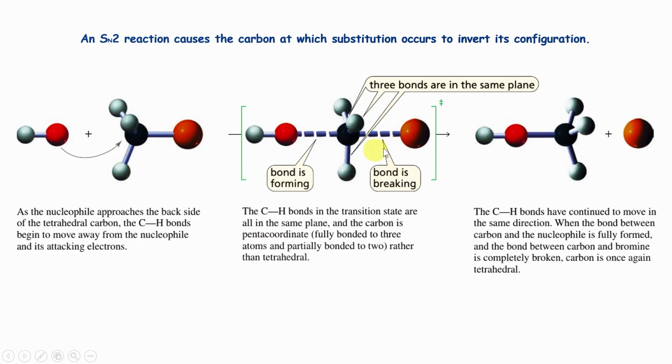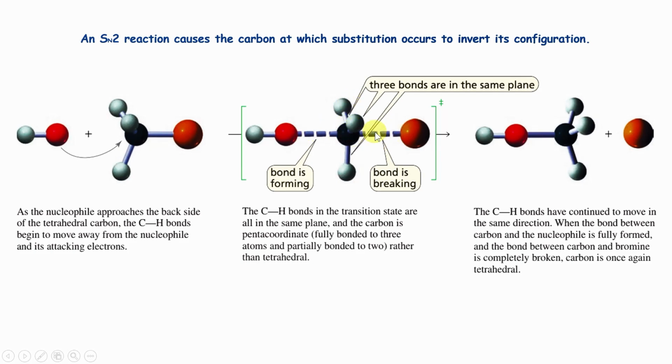Then it is the transition state. You can see the carbon hydrogen bonds in the transition state are all in the same plane, and the carbon is pentacoordinate.